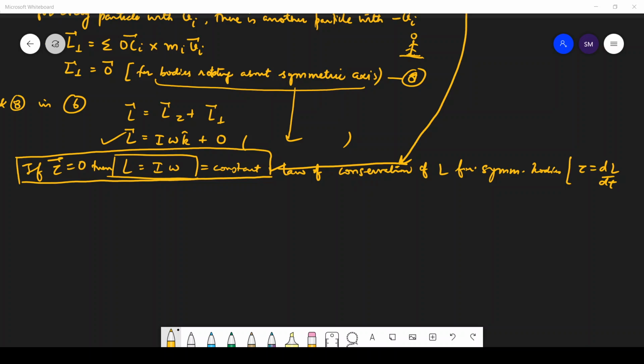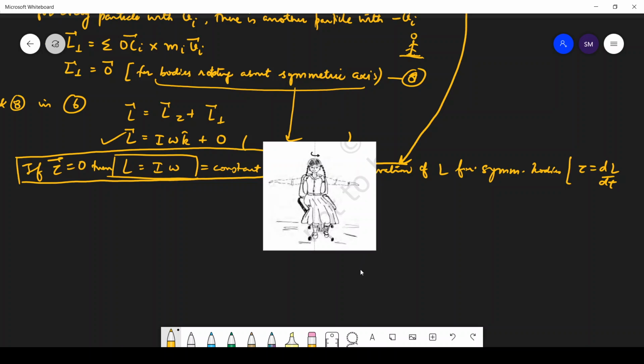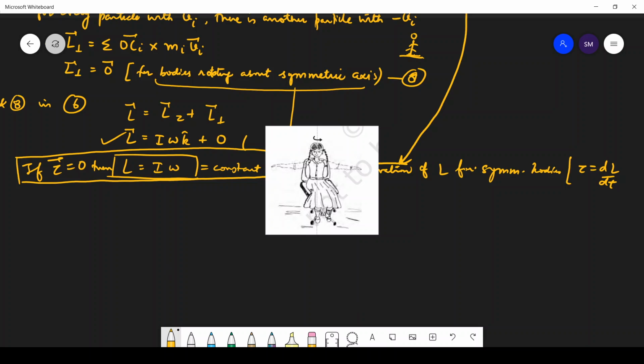This is a demonstration of conservation of angular momentum. Here we have a girl sitting on a wheelchair. Let me bring this figure on the board. This chair has wheels at the bottom, and the girl either stretches her arms or brings her arms near to the body.